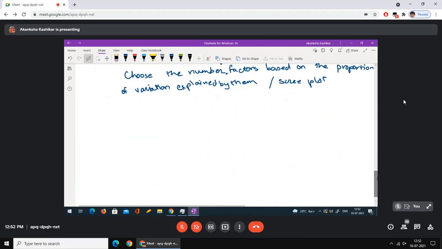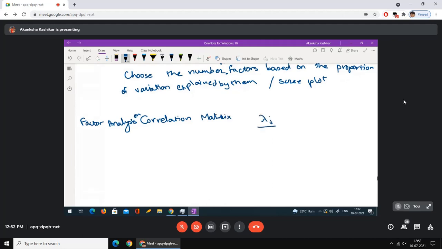Okay, and in the case of the correlation matrix, things are further simpler. Whatever we did with the variance covariance matrix, all those things can be done using the correlation matrix. So we can carry out factor analysis based on the correlation matrix. The only difference is that the trace would already be known.